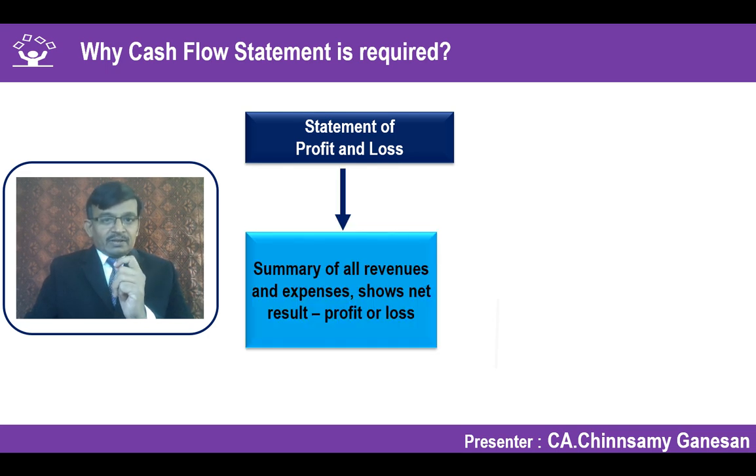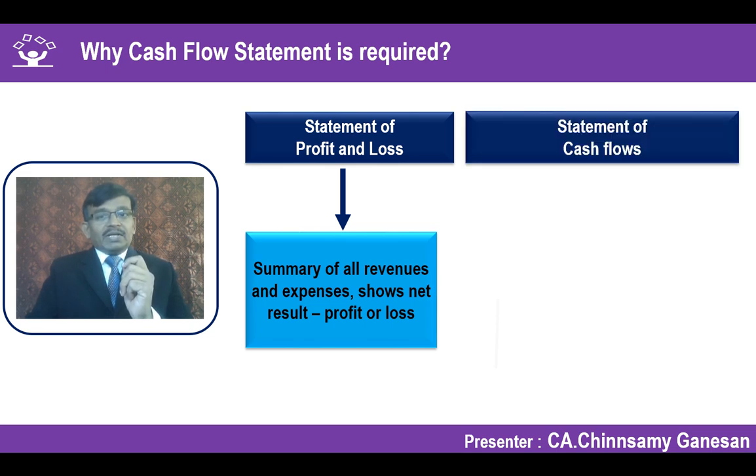If you take the case of the statement of profit and loss, it only gives a summary of all the revenues and expenses and also shows the result for the particular period, whether it's a profit or loss of the entity for the given period.